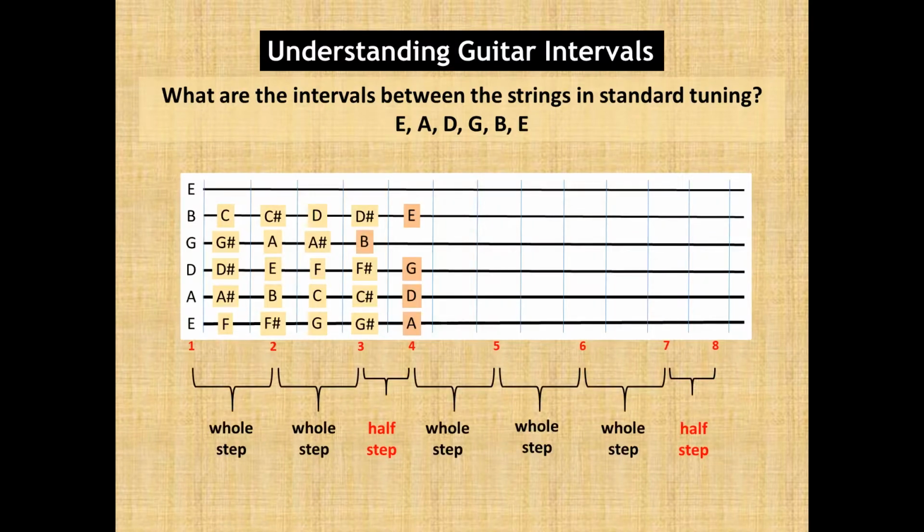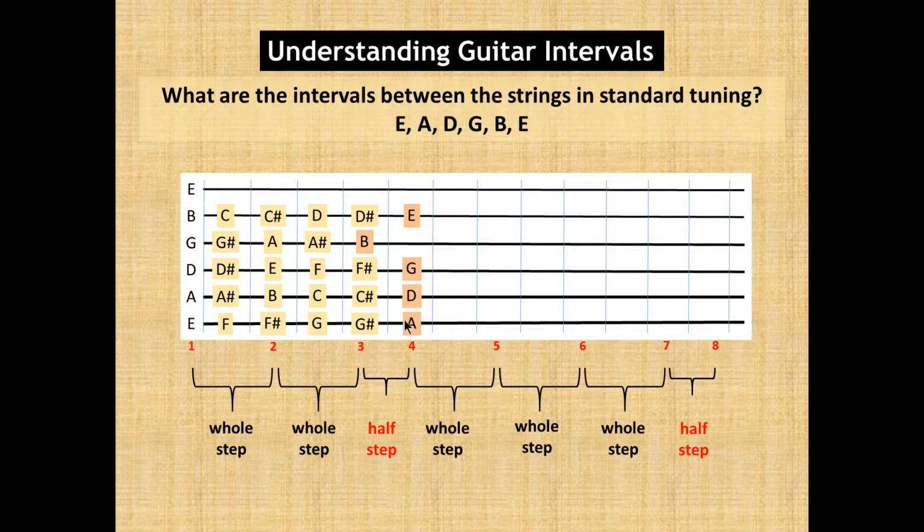In standard tuning, if you're as old as I am, you remember before we had digital tuners, we would learn that if we could tune our low E string to the piano or to some kind of a tuning fork or some reference, then all we had to do was play the E string on the 5th fret, and that would be an A. Playing the E string on the 5th fret gave us the note for the next string.